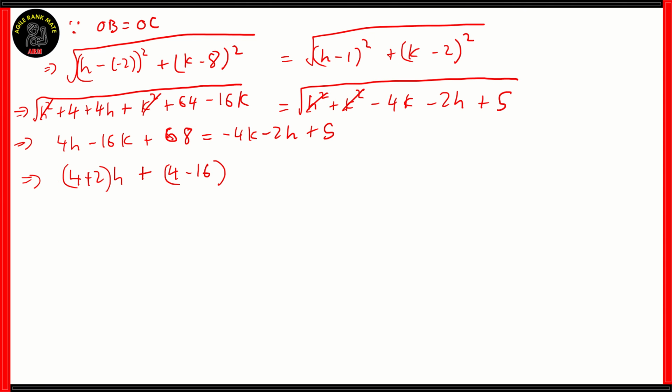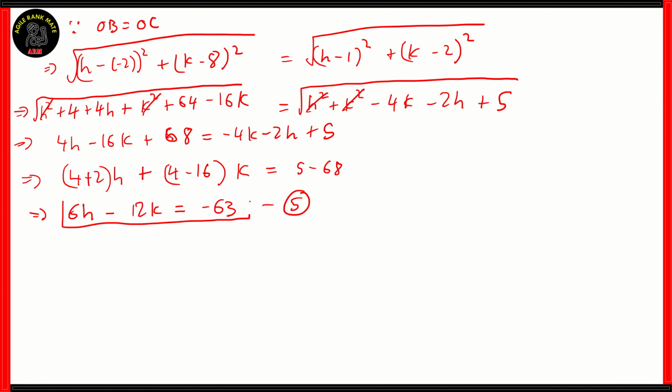Over here, minus 4k goes to the left, becomes plus. So 4h plus 2h plus 4k minus 16k gives 5 minus 68. So therefore 6h minus 12k equals minus 63. Now let's consider that as equation 5.